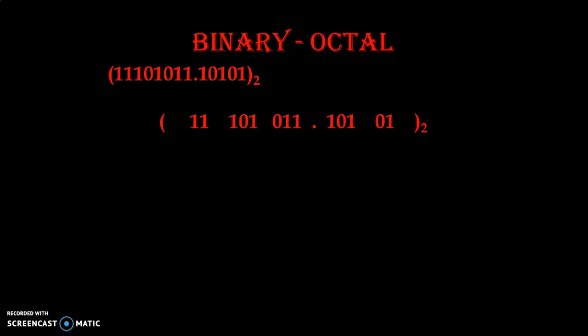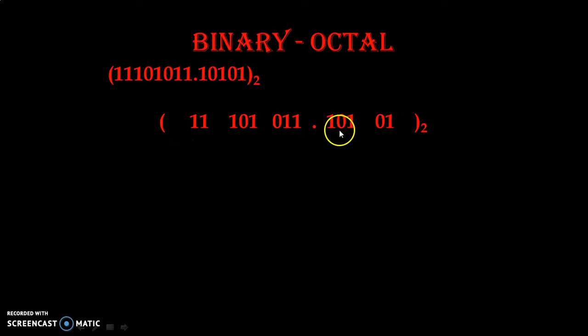On the fractional side, we proceed from left to right, right? So here we started making groups 011, 101 and 11. So in integer values, we have 2 ready groups of 3. In the next group, on the most significant side, we have only 1. So we are short of 2 bits, so we have to add 00 at this stage.